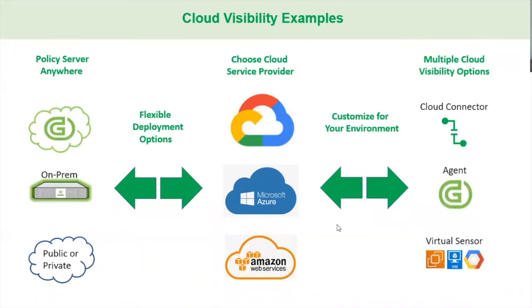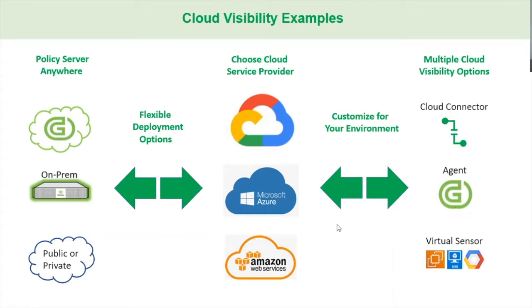And that's what we're going to be explaining in some of the subsequent slides here. We're going to be talking about the various cloud visibility options. So for some people, an agentless environment may be their goal. For others, perhaps they don't want to set up security policies inside of the different cloud vendors' consoles.